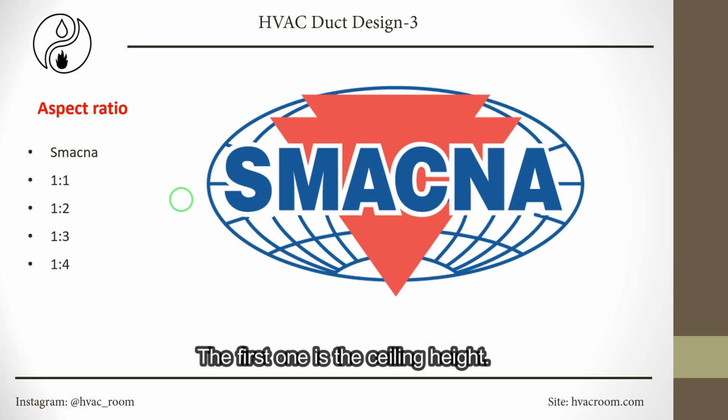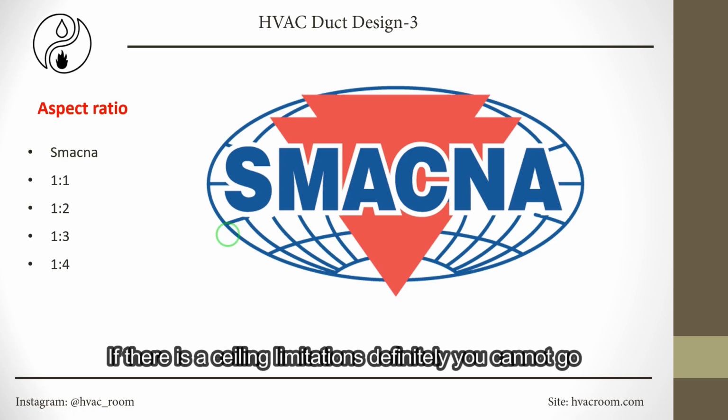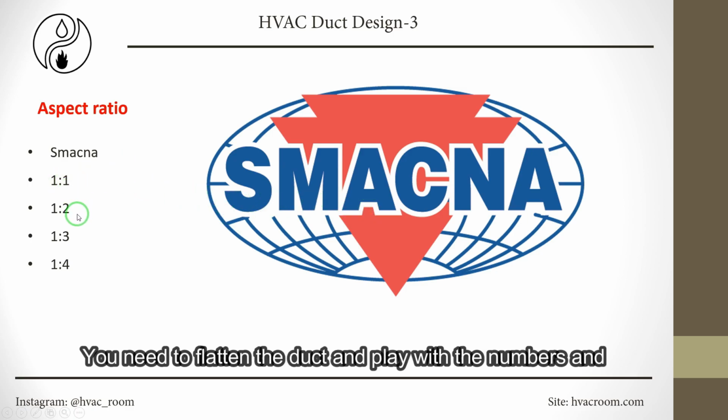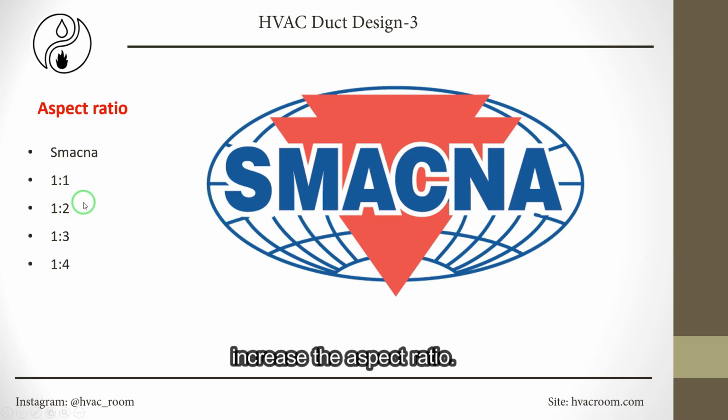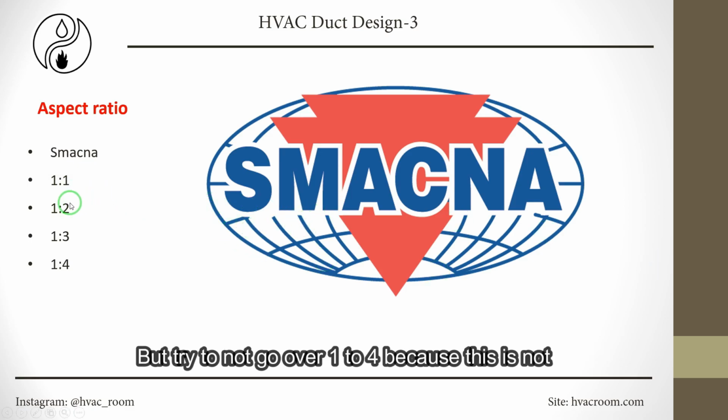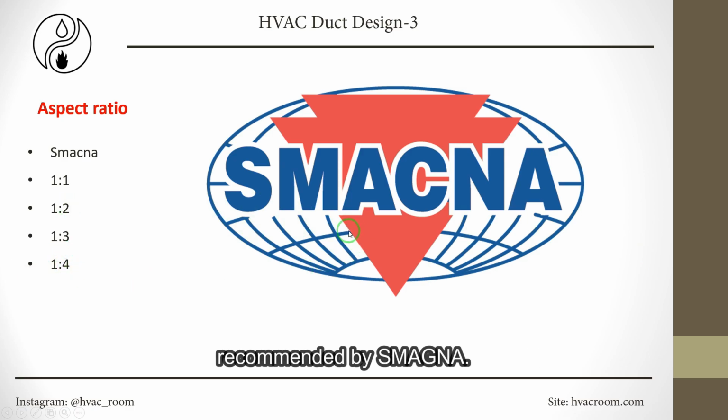The first one is the ceiling height. If there are ceiling limitations, definitely you cannot go with a square or 1:1. You need to flatten the duct and play with the numbers and increase the aspect ratio. But try to not go over 1:4 because this is not recommended by SMACNA.